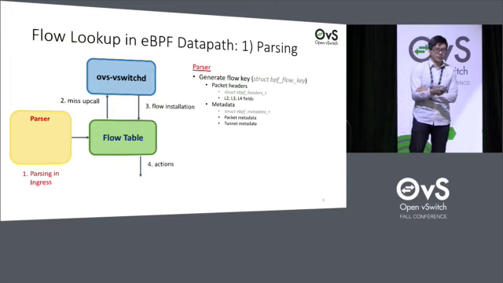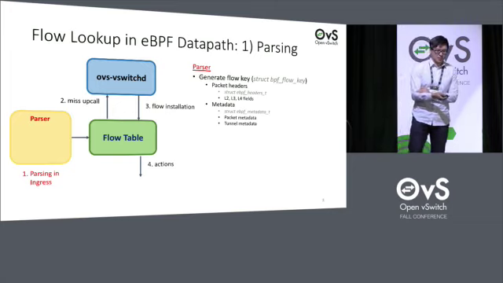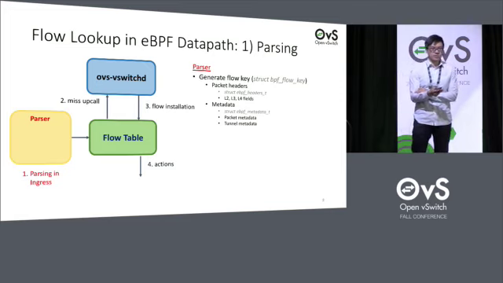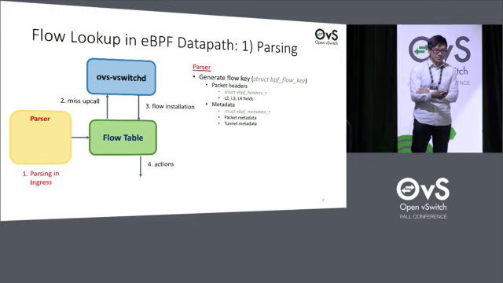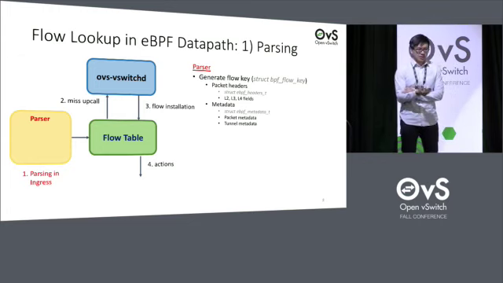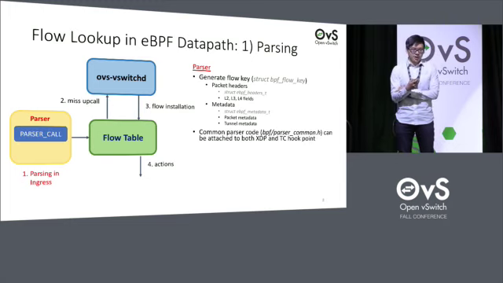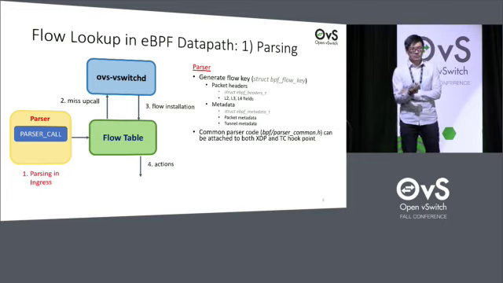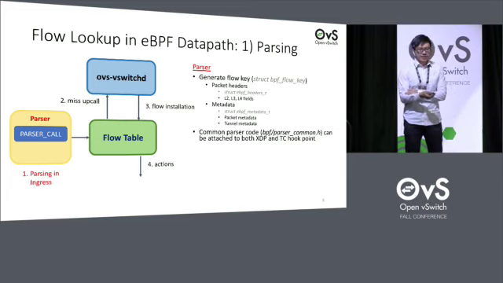Similarly, in the eBPF datapath, the first thing we do is parsing. The goal of the parser is to generate the flow key, which consists of two parts: the headers that we derive from the packet itself, and the metadata. So we have the first eBPF program, called the parser code. It's a common parser that can be attached to either the TC hook point or the XDP hook point, and it derives the packet headers.